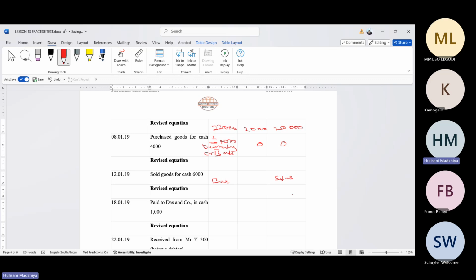So bank and sales are affected because we sold for cash. Since money is coming in, we debit bank to indicate that money came in, and we say plus 6,000 that we received, plus 6,000 on our sales, indicating that it's increasing. And therefore we have a balanced equation: assets 6,000, liabilities and owner's equity positive 6,000. So that's how we solve for a transaction that occurred on the 12th.